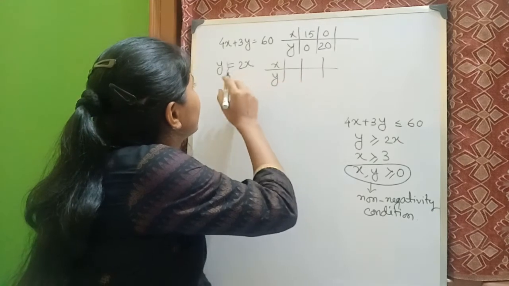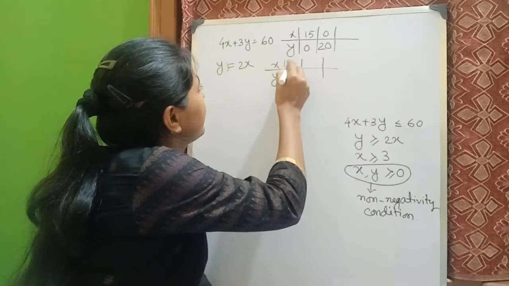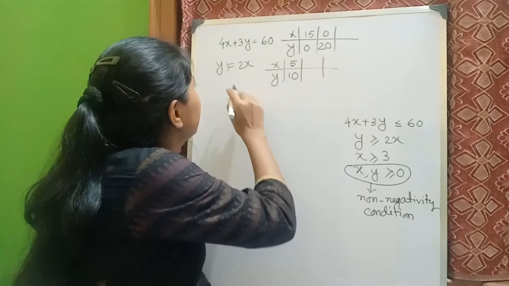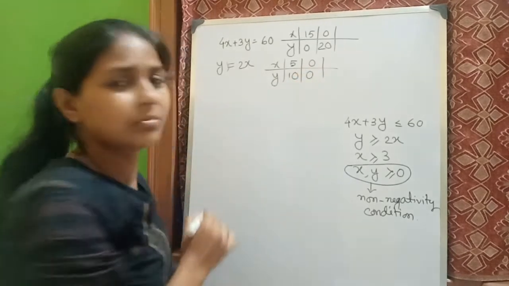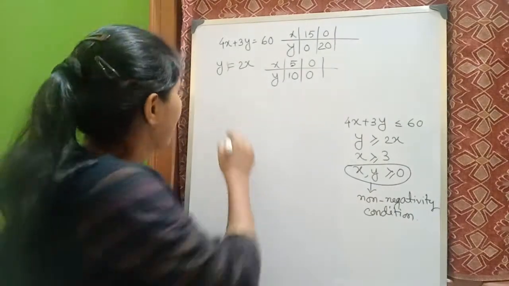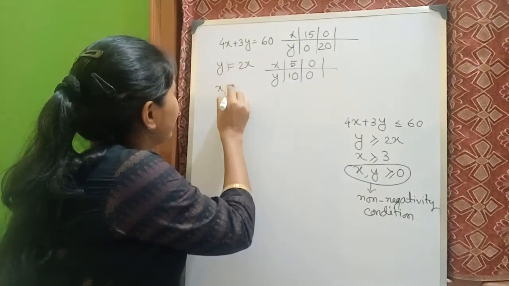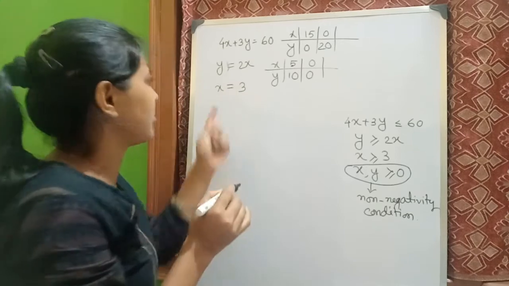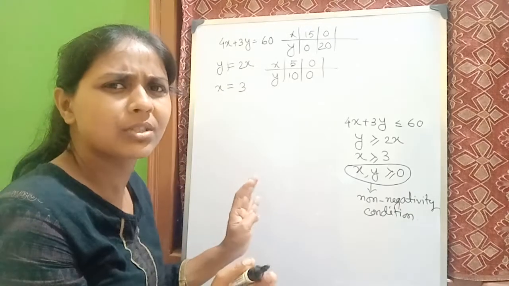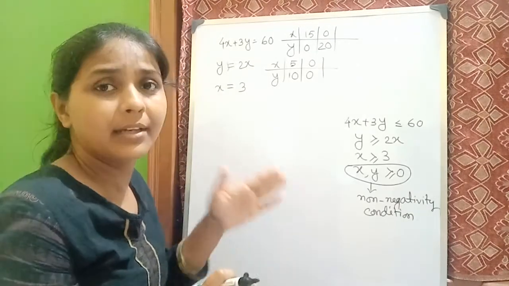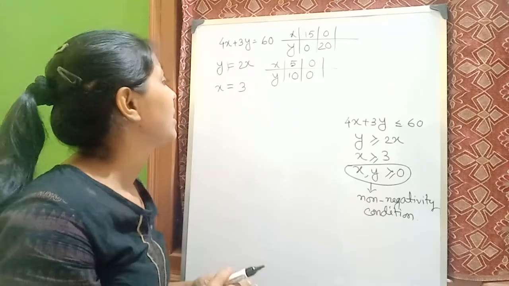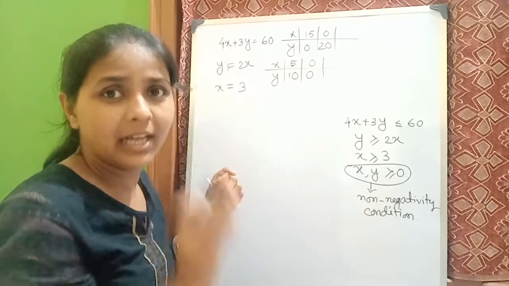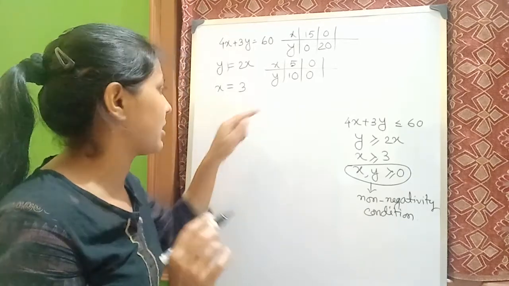Suppose x is 5, y will be 10; x is 0, y will be 0. And x greater than or equal to 3 means x equals 3. It's simple: x equals 3 is a line parallel to the y-axis, a vertical line at x equals 3.